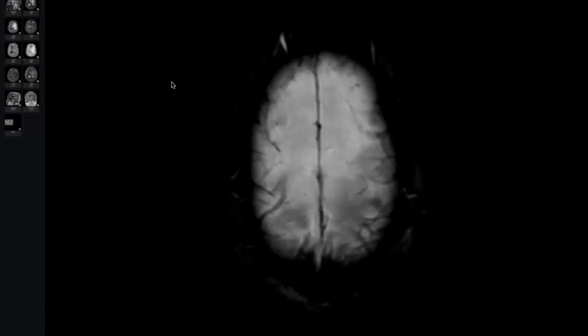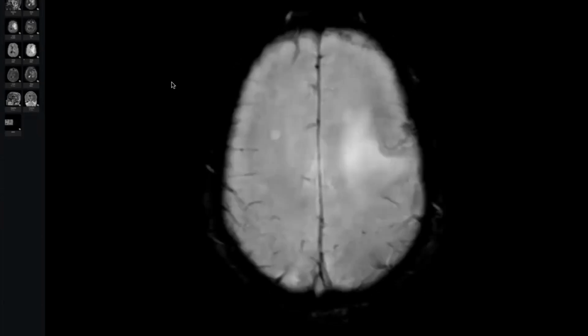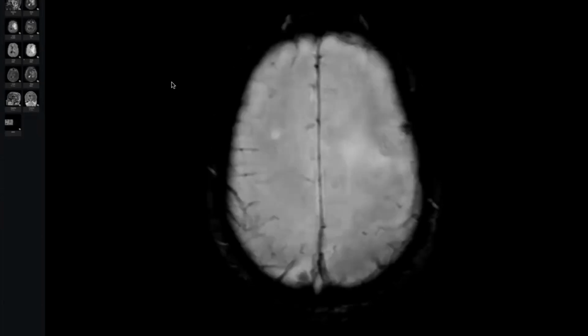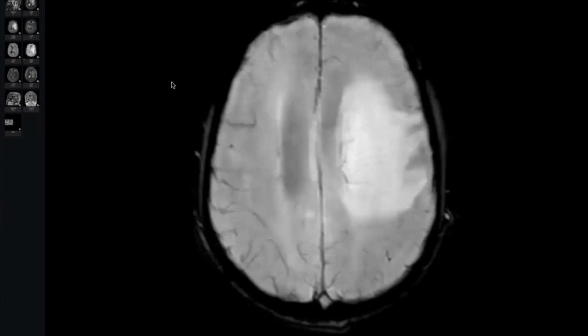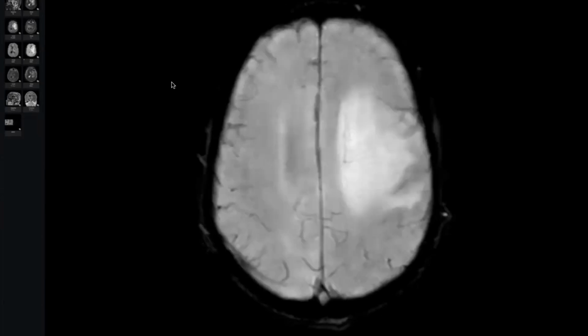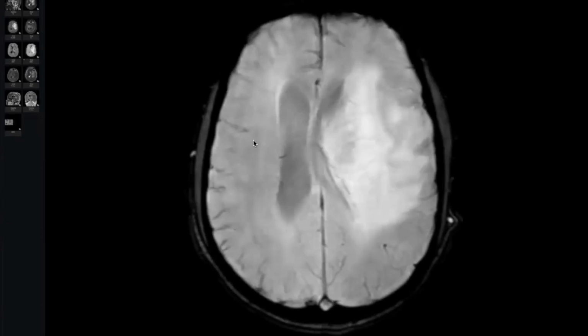In another sequence you can see within it the vessels, especially the veins, because they contain hemoglobin, and the hemoglobin contains iron, and the iron causes some susceptibility. So we can see the vessels because of the iron. So what is the name of this sequence?